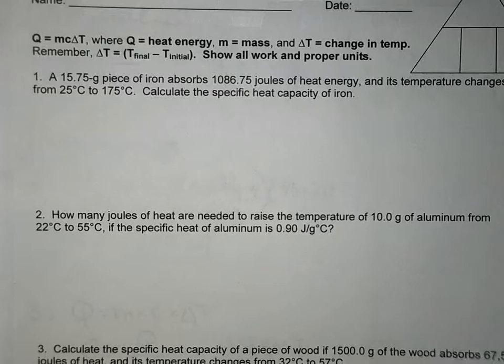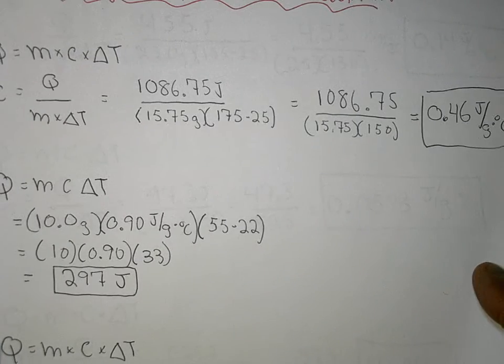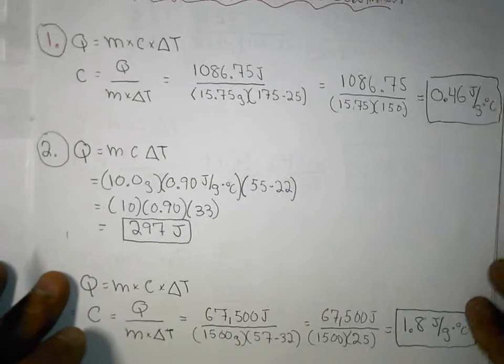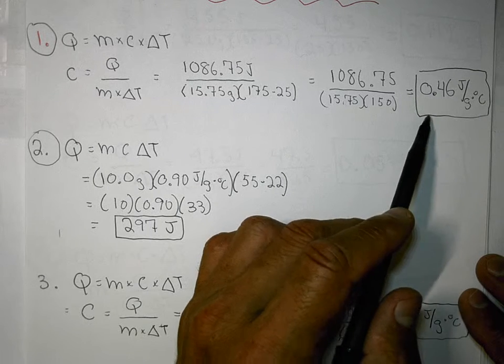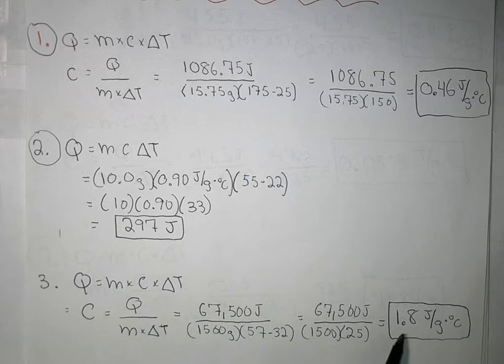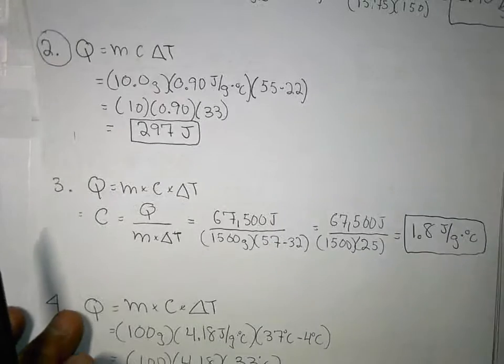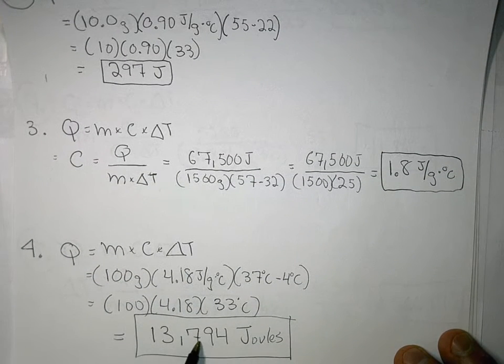Find the specific heat of substances. The first four are these answers here. Okay. Number 1, let me go ahead and zoom out. You have number 1, 0.46. Second one, 297. And then you have 1.8. Put this up here, and then you have number 4, 13,794 joules.